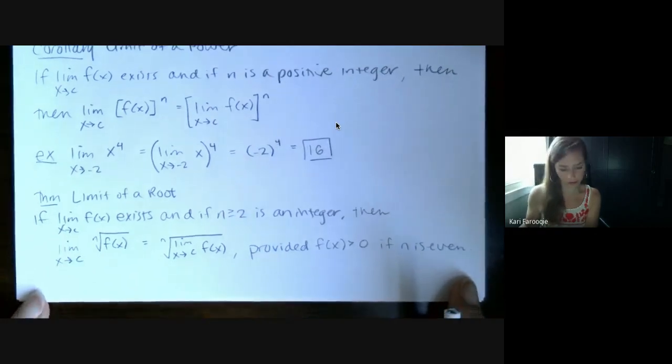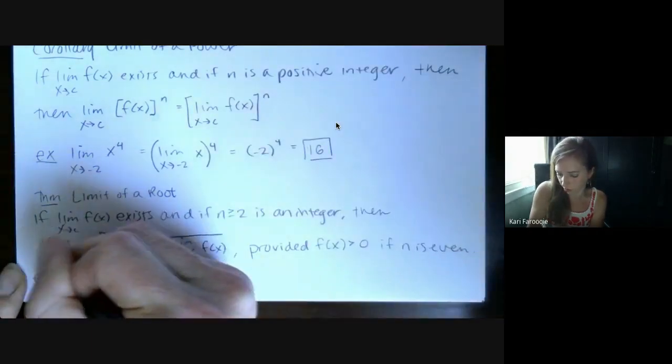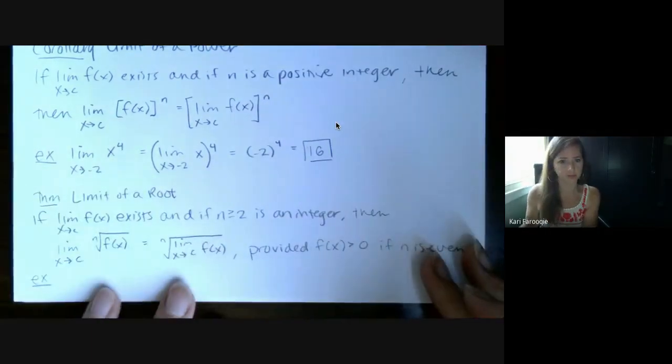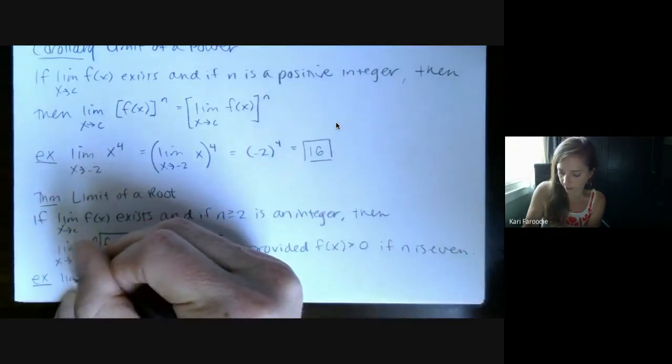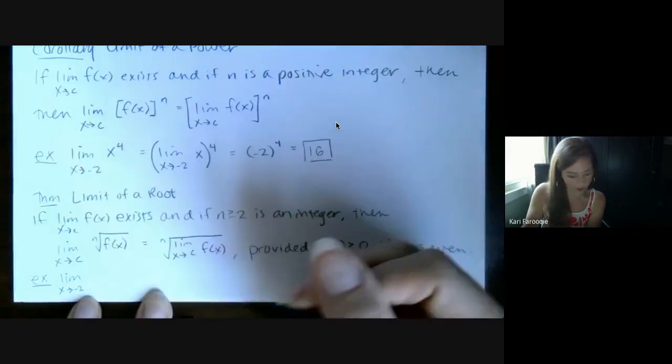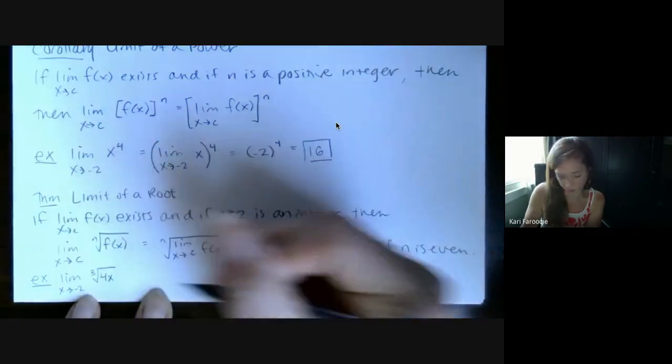And then I will pop this little example down here just because I don't want to have to start a new page just for this little example. So this would be the limit as x approaches -2 of the cube root of 4x.